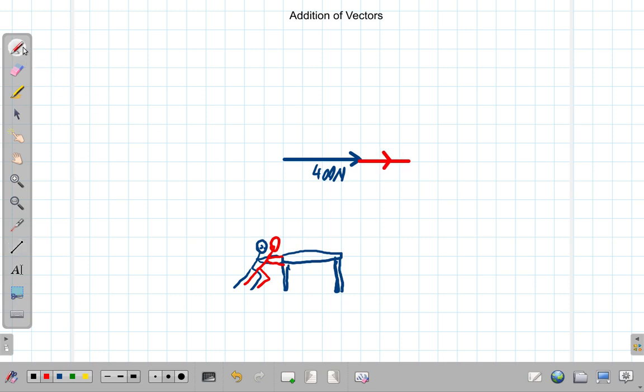Alright? 300 newtons. And this 400 newtons plus this 300 newtons, you could replace it with one big force. You could just say, imagine that you're pushing with a force of 700 newtons.